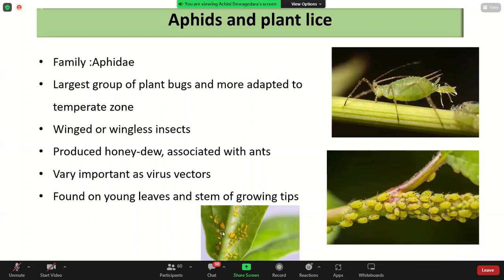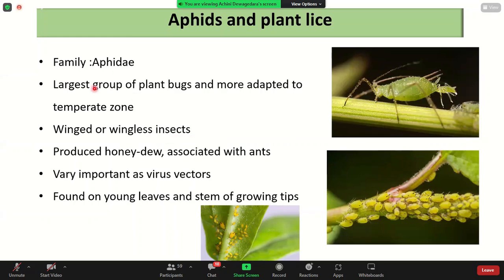Right. Another insect that comes under Hemiptera is aphids. And have you seen aphids? These are very tiny insects, and they belong to family Aphididae.